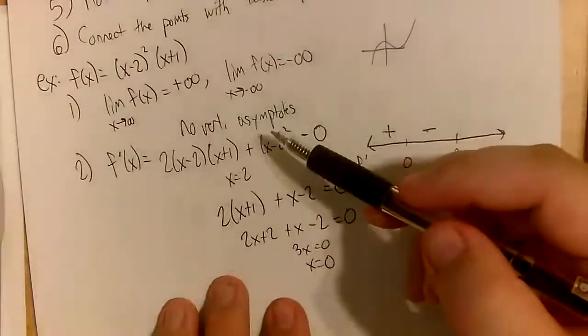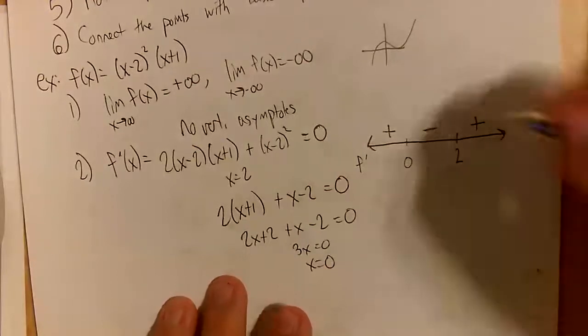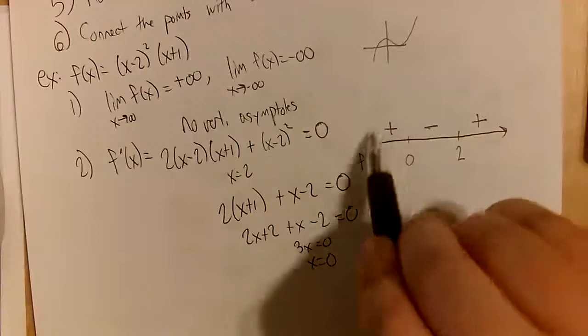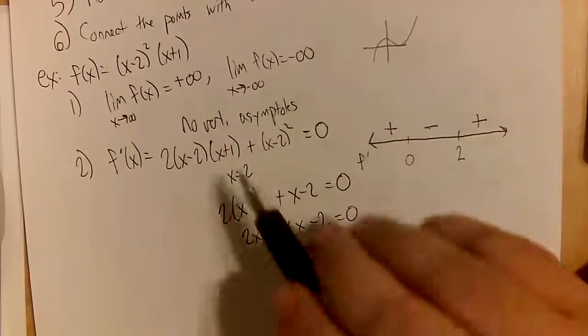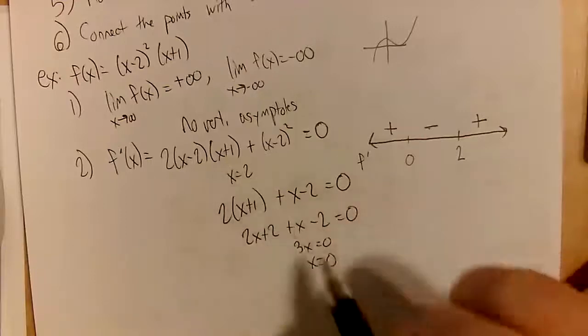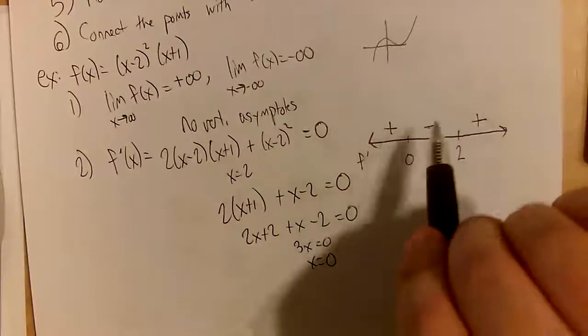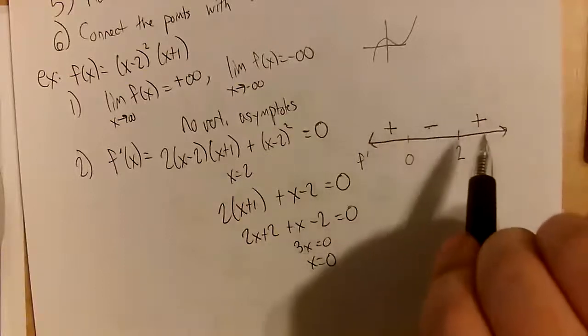And then finally, if I plug in something like 3, we have positives all around, so it's going to be positive. Another way to fill in this chart is to only check the 1 back here, and then note that since this is a polynomial with distinct non-repeated roots, it's going to change sign every time we pass over a root. So that's another way of doing this without having to plug numbers in here.